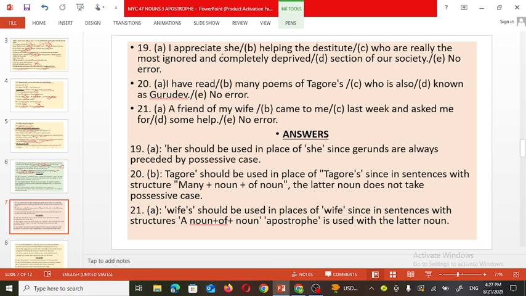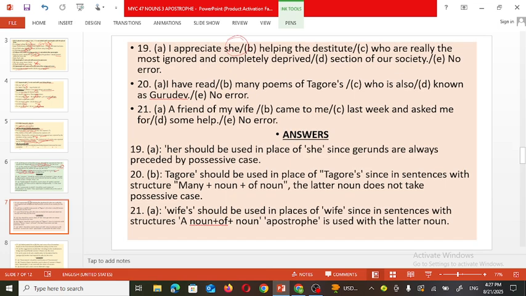We are appreciating that lady, and that's why this subject must be in its possessive form or case. Therefore, instead of "she", "her" must be there. I appreciate whom? Her. Instead of "she", "her" must be there. So the sentence has an error in this A part.